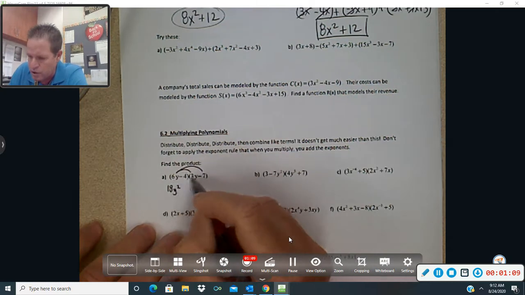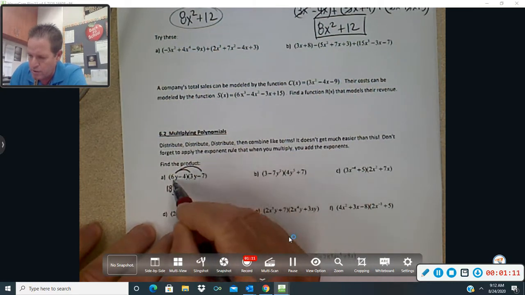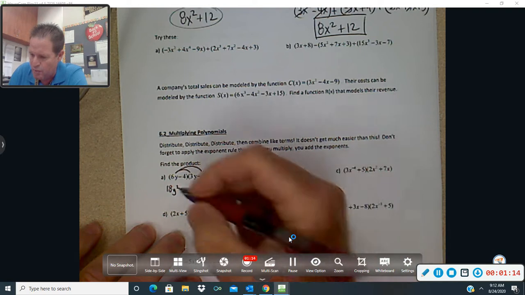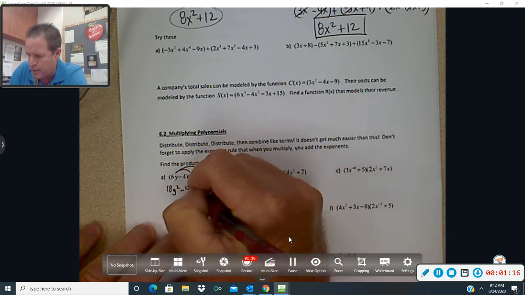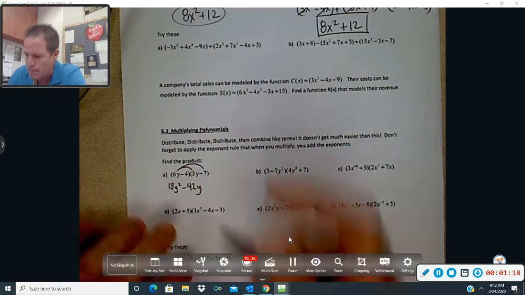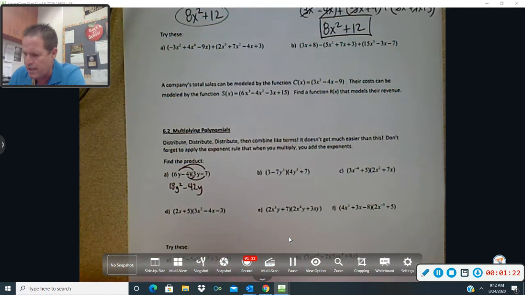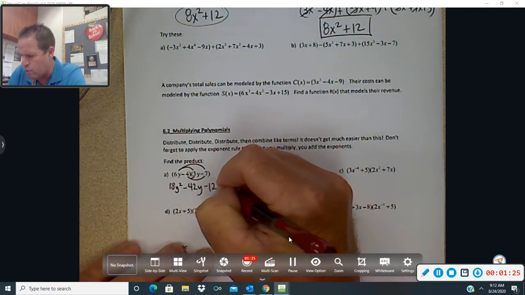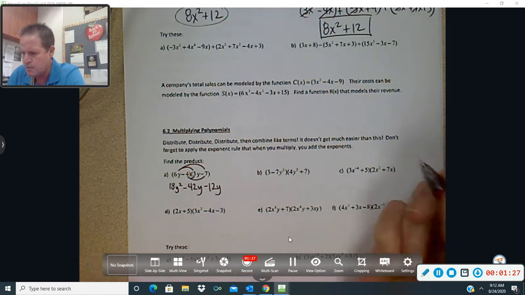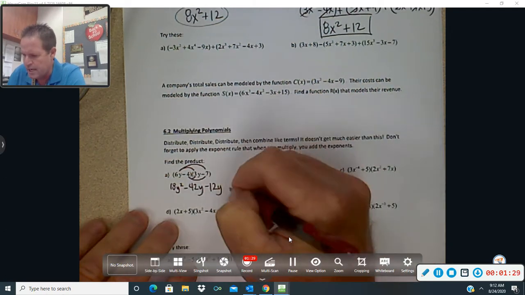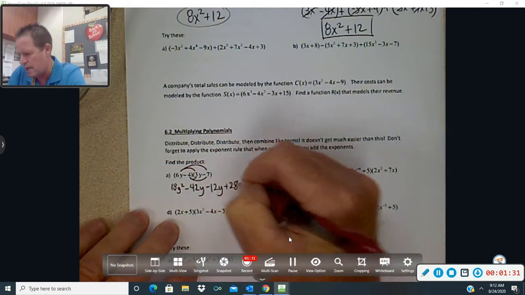And again, you have to distribute it to both parts here. So 6y times negative 7y is negative 42y. Now you want to distribute your negative 4. If you do that, you end up with negative 12y, and negative 4 times negative 7 is positive 28.